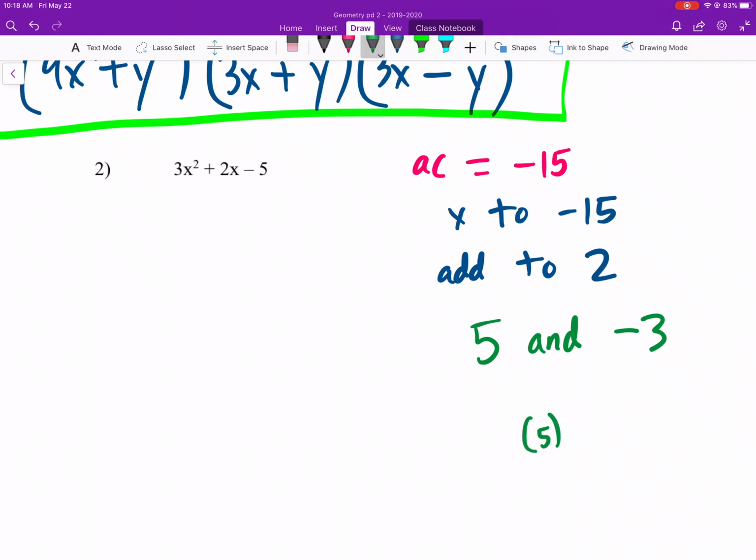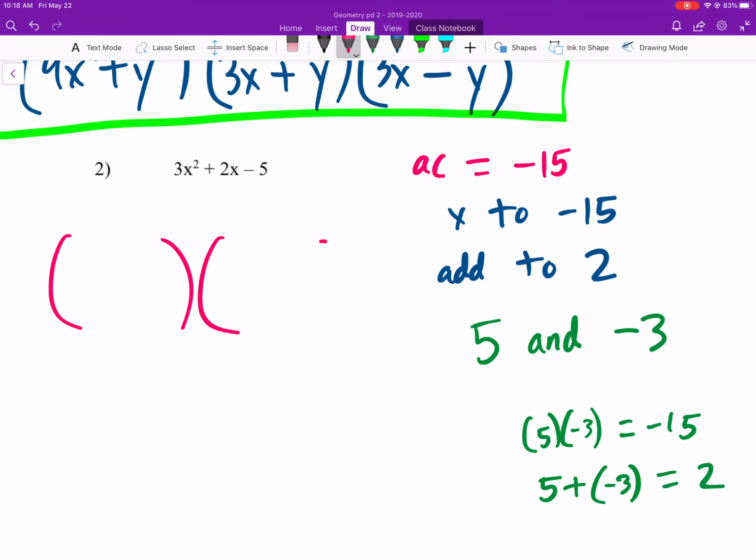Because we multiply these real quick, show you the work. Yep, that does give me negative 15. If we were to add them together, okay, yep, that does give me positive 2. Okay, so 5 and negative 3, those go in your parentheses. Your first factor gets positive 5. Your next factor gets negative 3. And what do we throw in front? Not just x, it would be the A value x.